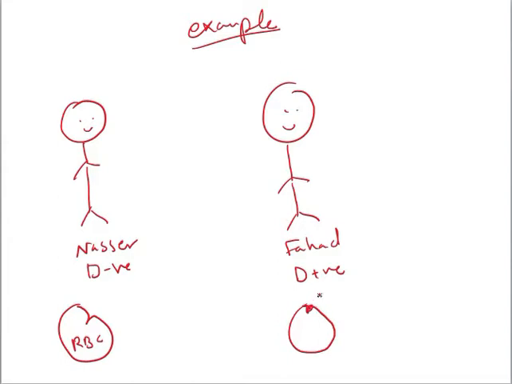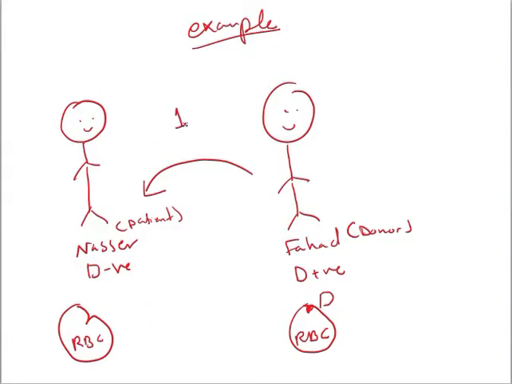When Nasser receives this blood, the immune system may be triggered by the presence of this foreign antigen and produce antibody against this particular antigen. So in the first exposure, the immune system of Nasser will take time to produce anti-D, so we don't expect a hemolytic transfusion reaction to happen in the first exposure.